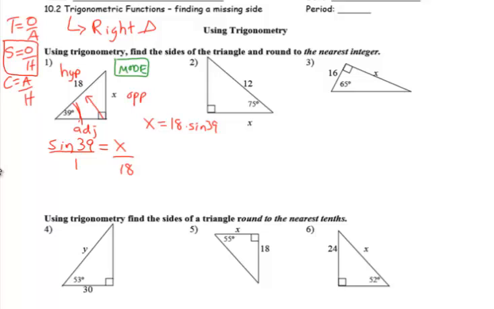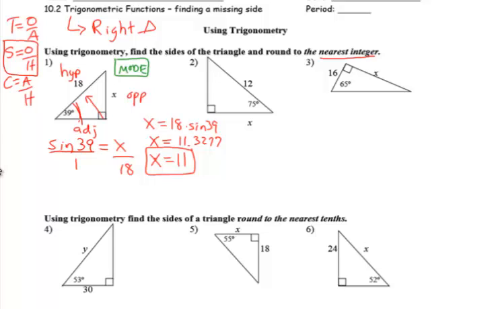We check our mode, make sure it's in degrees, and we do 18 times the sine of 39. So x is 11.3277. It says round it to the nearest integer, so that is approximately 11. X represents 11. Okay? So let's do a couple more here.